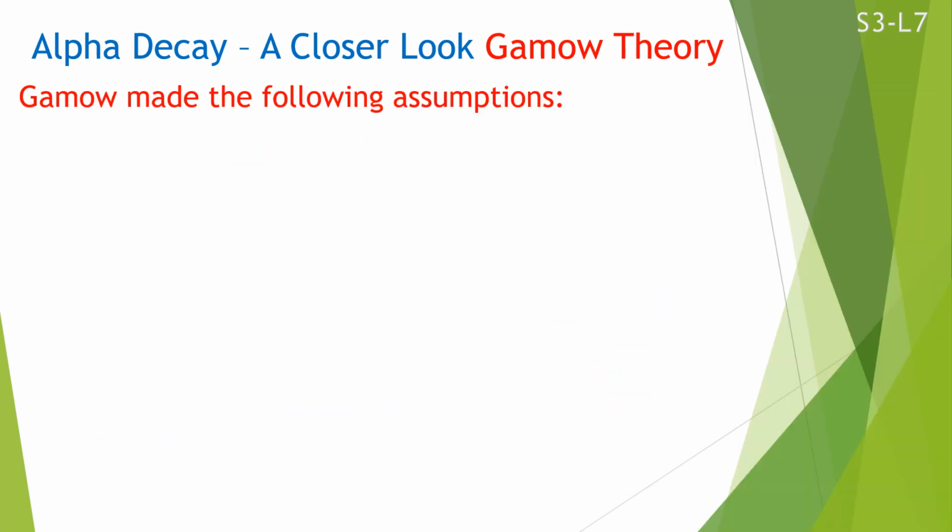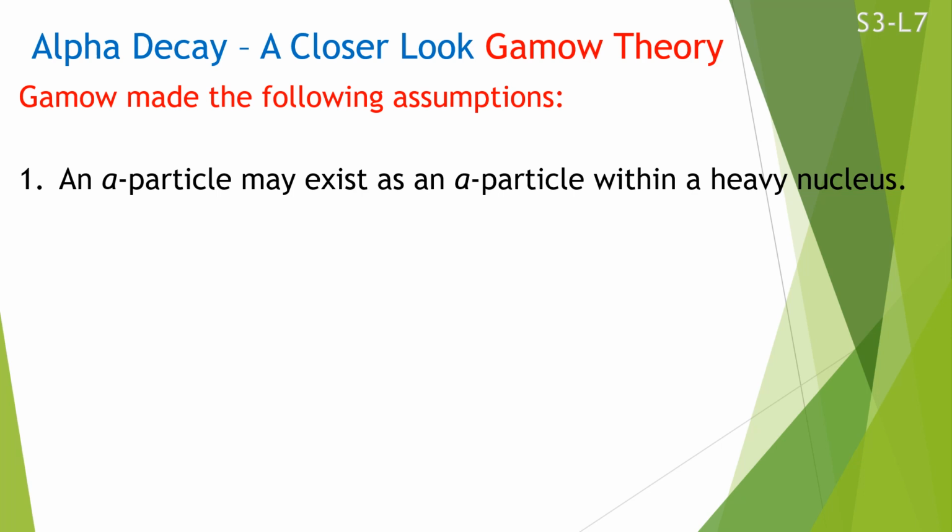In order to explain the phenomenon of alpha decay, Gamow made the following assumptions. An alpha particle may exist as an alpha particle within the heavy nucleus, which we are considering, before leaking through or finding a tunnel.